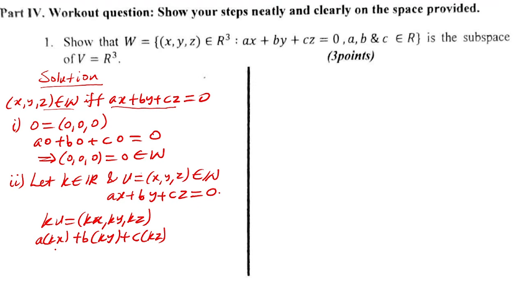Multiplication is associative and also commutative. From that, this value is equal to k times ax, commute, associate, plus k times by plus k times cz.